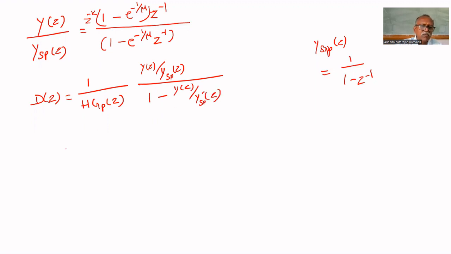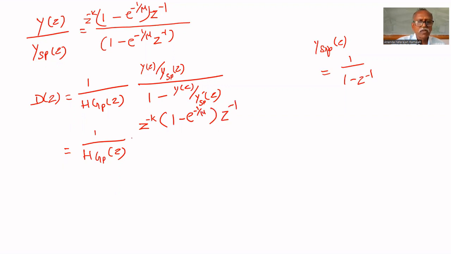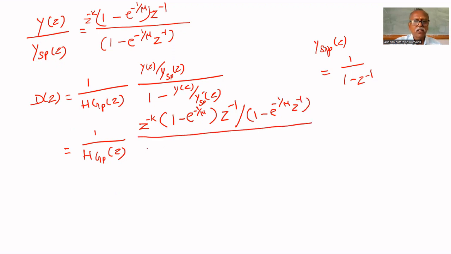If you substitute all this here, what you will get is z power minus k times 1 minus e power minus 1 by mu z power minus 1, divided by 1 minus e power minus 1 by mu z power minus 1, whole divided by 1 minus z power minus k times 1 minus e power minus 1 by mu z power minus 1, divided by 1 minus e power minus 1 by mu z power minus 1.